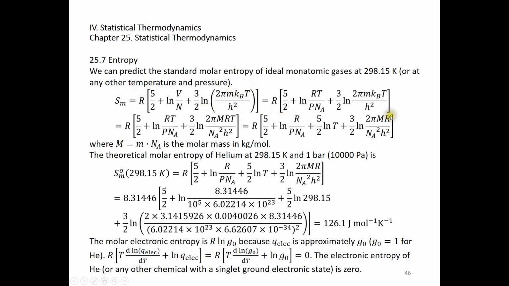Also, if you look at this equation, same thing. The only difference is the molar mass between helium and HCl. So they should just differ by 1.5 times the logarithm of mass 1 minus the logarithm of mass 2, and then multiplied by R. That's it, because all other terms are the same, if we're looking at the same temperature, room temperature, 1 bar condition.